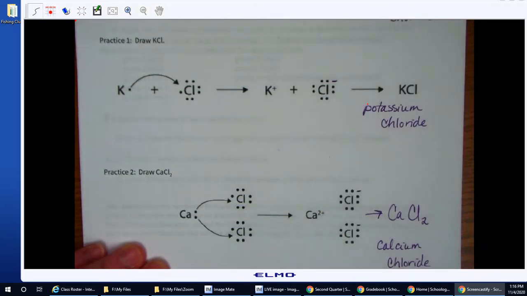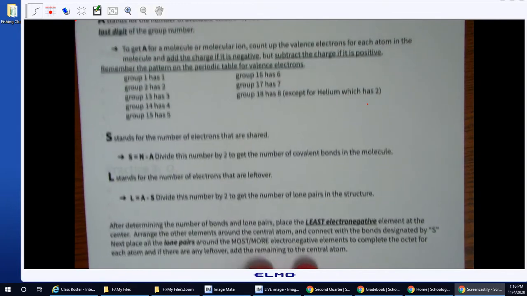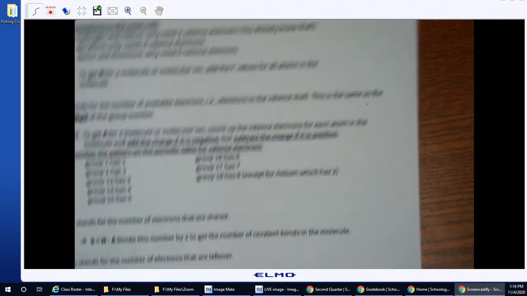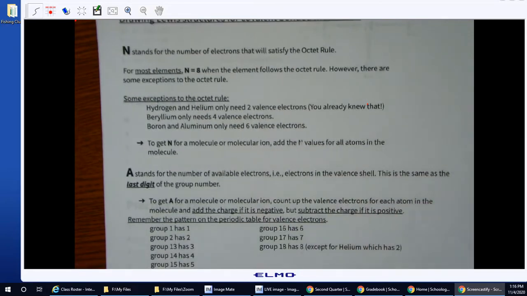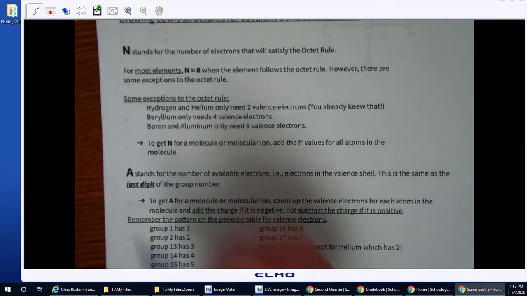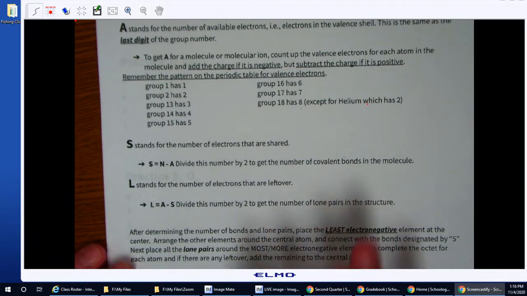Today, we're going to talk about what happens when a molecule forms. And molecules, remember, are covalently bonded. Let's take a look at that. Now, there's a bunch of instructions on this, and I'm going to simplify it for you. So we use this NASL format. I just call it NASL. And so what's the gist of it?